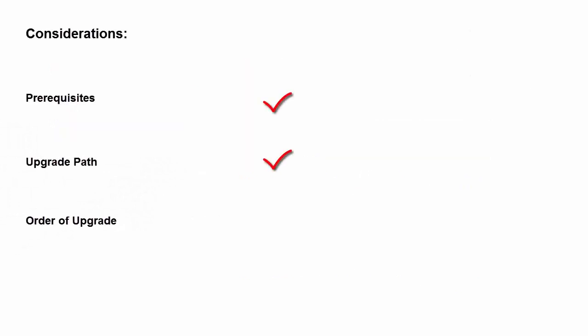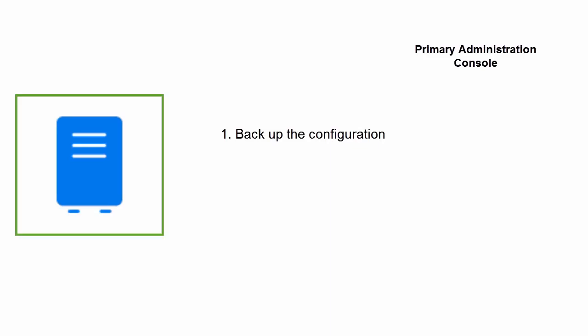For starting an upgrade, we must also understand the order of the upgrade. In this example, the administrator will first back up the primary administration console so that in case the upgrade fails, the administrator can restore the Access Manager configuration. After taking the backup, the administrator will upgrade the primary administration console using the instructions mentioned in the Upgrade Guide.